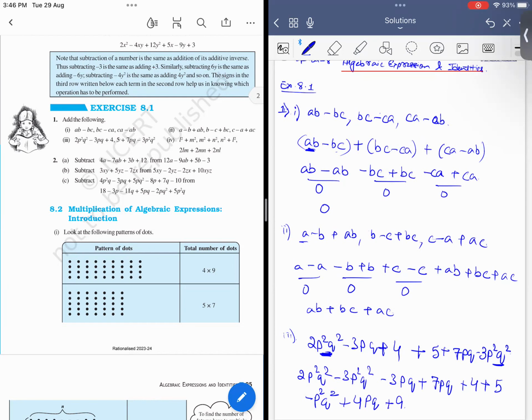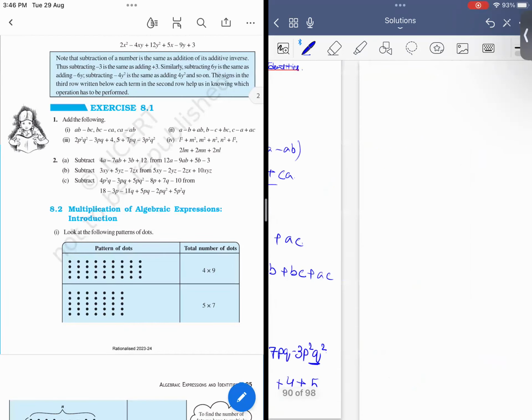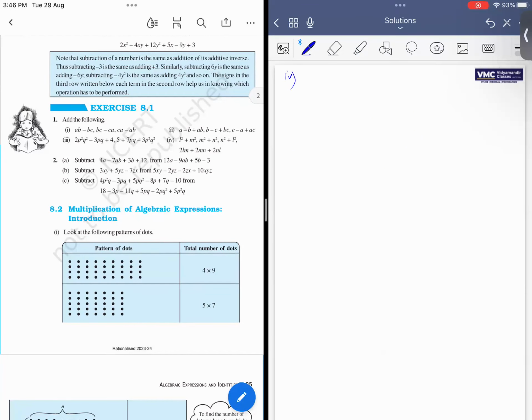So minus P square Q square, minus 3 plus 7 plus 4 PQ, and 4 plus 5 we all know 9. Next, the last question, the first part, that is L square plus M square, plus M square plus N square, plus N square plus L square, plus 2LM plus 2MN and plus 2LN, or we say NL or LM, same thing. Look for the like terms.